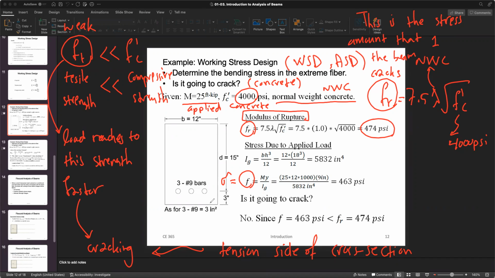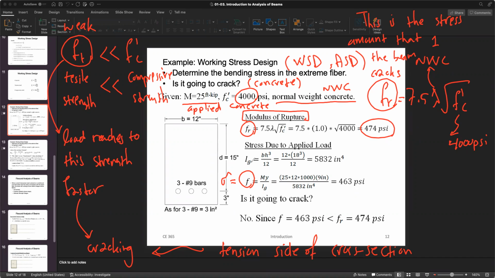So for the moment of inertia of the system, if you want to be meticulous, you would say, all right, there is a concrete section and there is a steel section. The system is not homogeneous, right? So you would say you need to convert this steel to concrete and then find the total moment of inertia, all right? But it is not necessary.